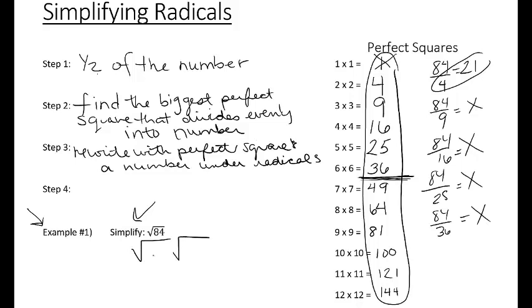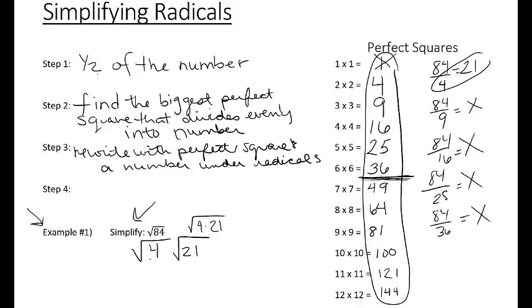We're going to put the perfect square first, 4, and the 21 second. We still have 84 under a radical. We've just split 84 up to 4 times 21, and we split those radicals up separately. Some people will want to write them under the same house at first. 4 times 21 is the same thing as 84, and then you can split them evenly as well.